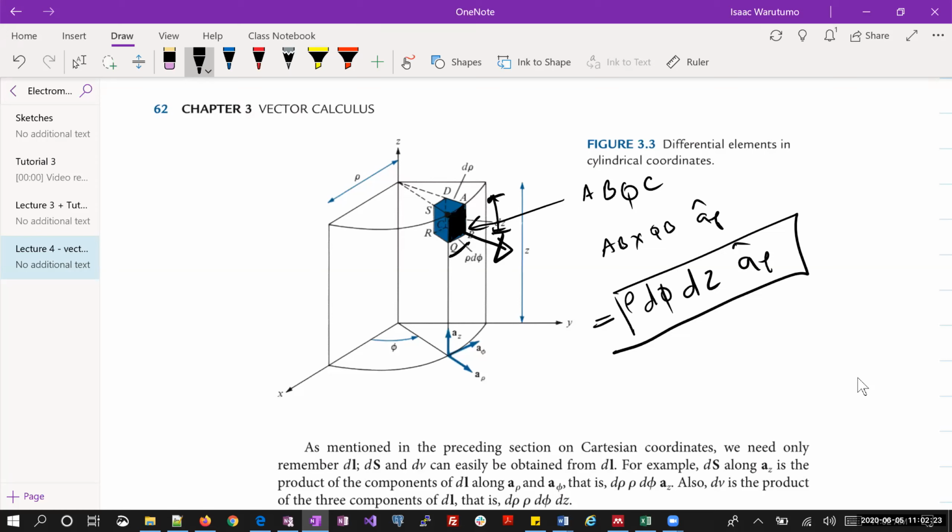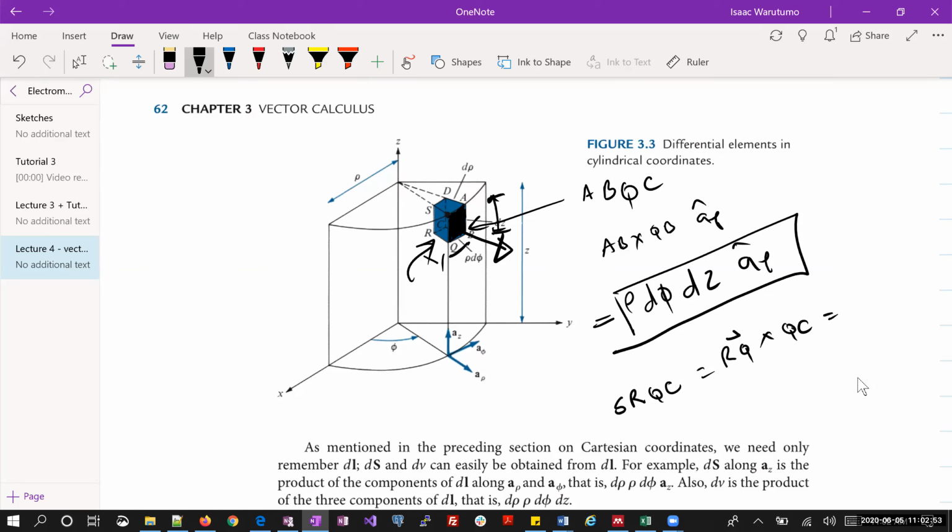If you wanted to find the elemental area represented by SRQC, on this side, you would simply say this small length between R and Q, or length RQ, times length QC, which is dz.